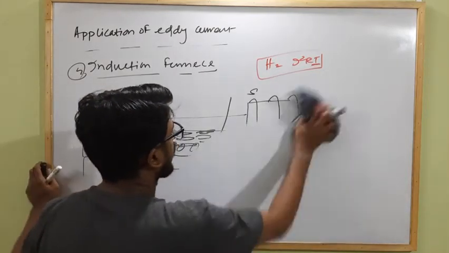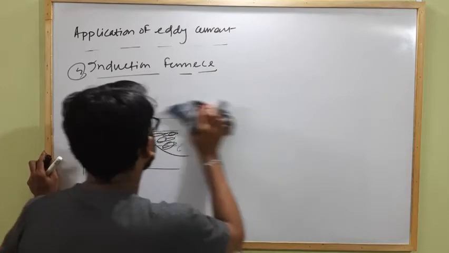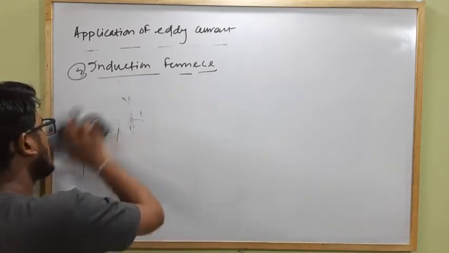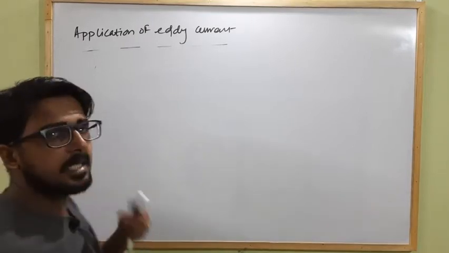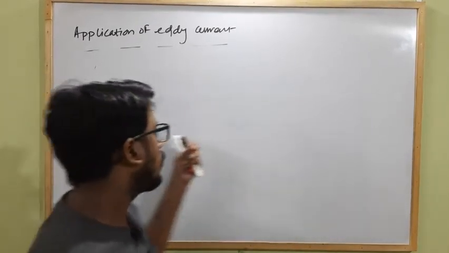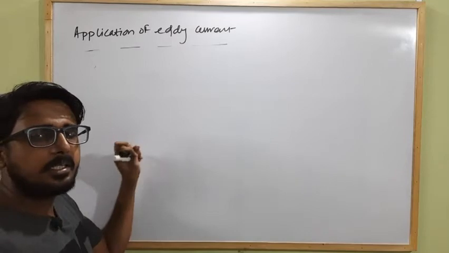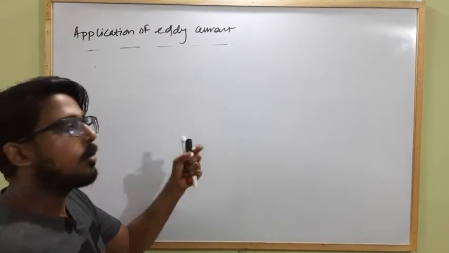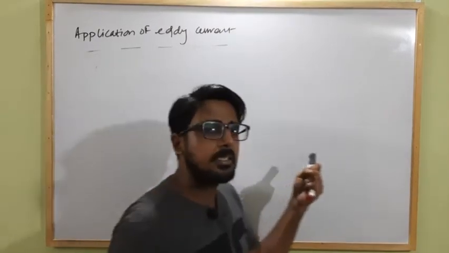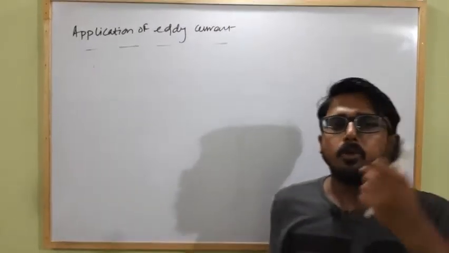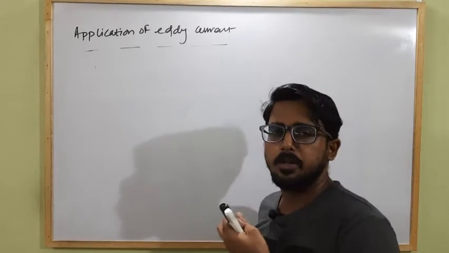Eddy current also has some disadvantages. What are the disadvantages? As we already studied, eddy current creates a damping effect. The damping effect of the eddy current is used in some cases where it is necessary for us, but in some other cases the damping effect produces some unnecessary loss of energy.